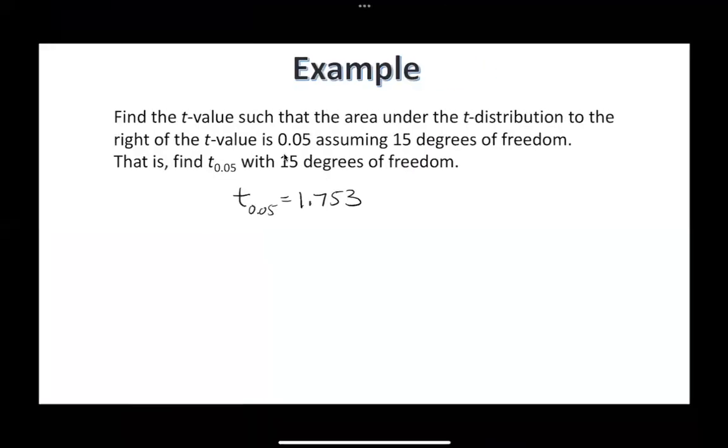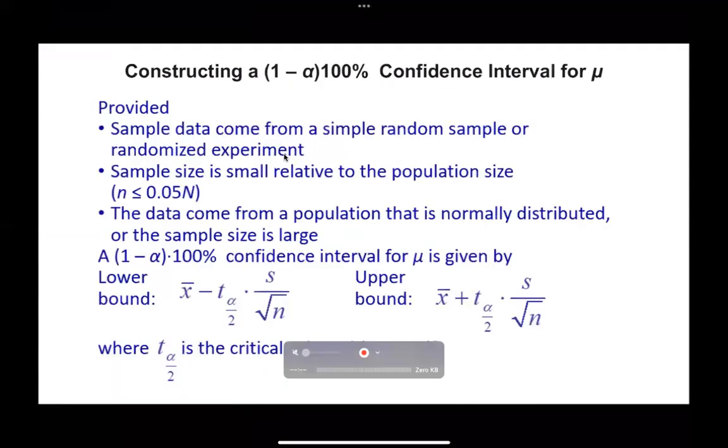Okay, here's how we construct a confidence interval for mu. The sample data comes from simple random samples or a randomized experiment. It should tell us if it's random. If it's not, we will assume it's random.